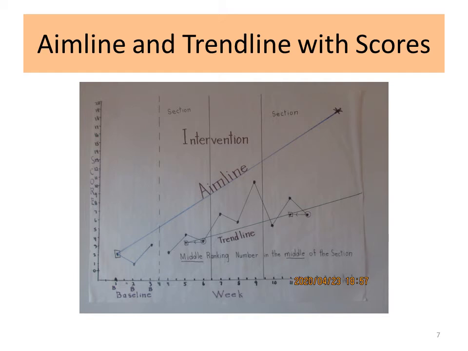Now, if you look at the last section, you see I've had to do exactly the same thing because the middle score is not in the middle of the section. It has to be in the middle of the section. So I draw a circle around that score and I move it over to the left to the middle of the section.